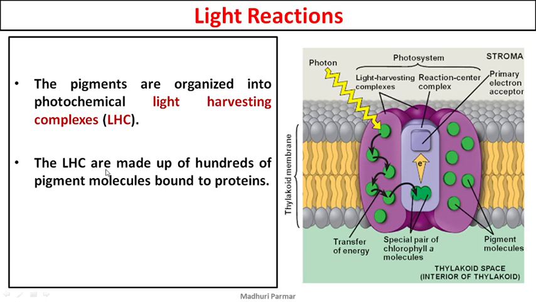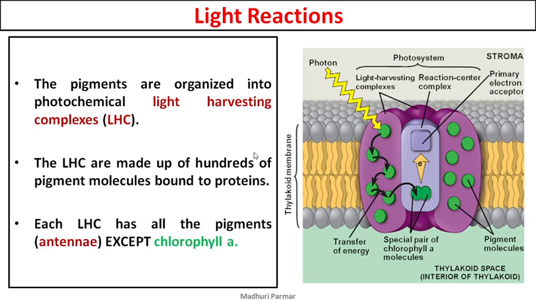So in light harvesting complex, there can be hundreds of pigment molecules which are bound to the protein. So this whole thing is called one light harvesting complex. In this diagram, you can see three light harvesting complexes, right? 1, 2, and 3. Is this much clear?